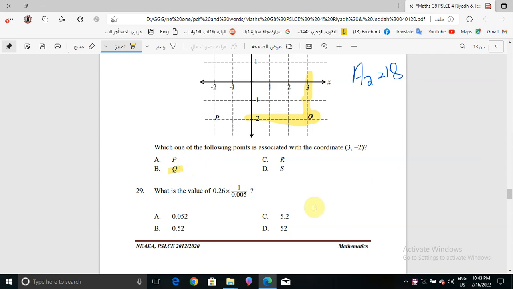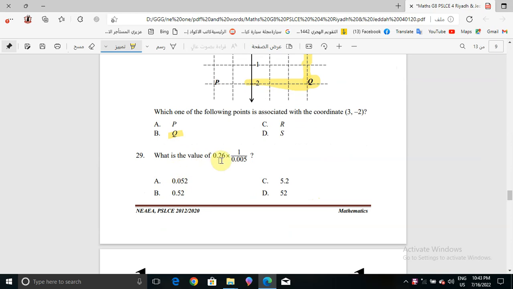Okay, now in question number 29, what is the value of 0.26 times 1 over 0.005? First of all, we have 0.26.